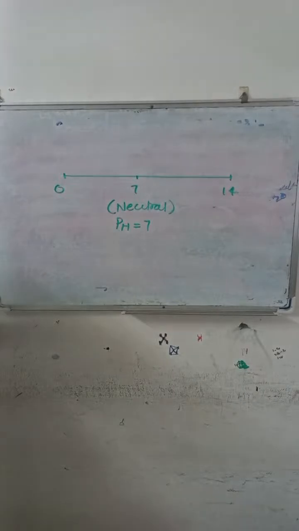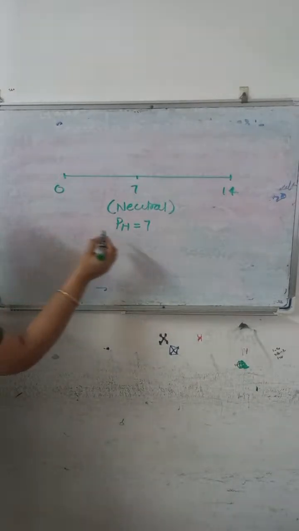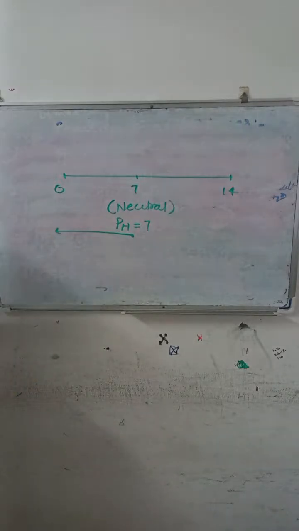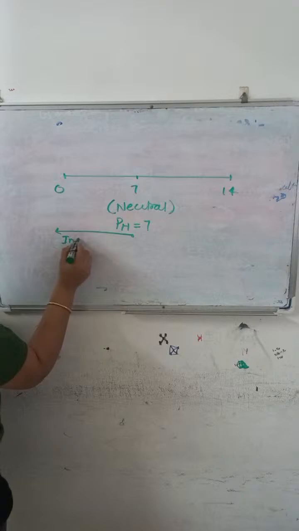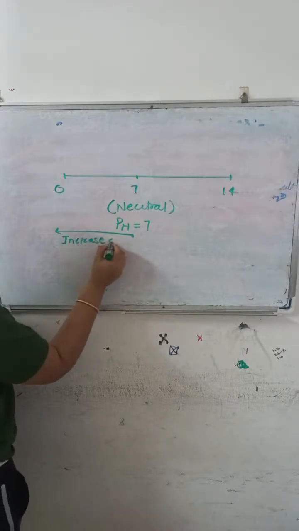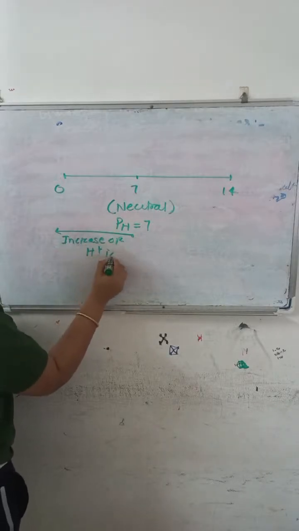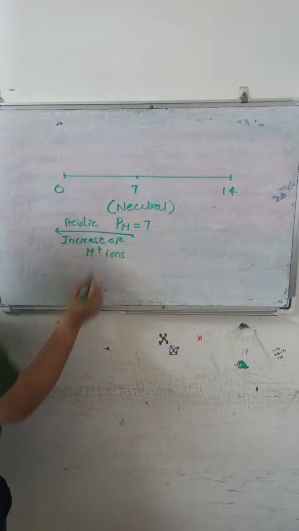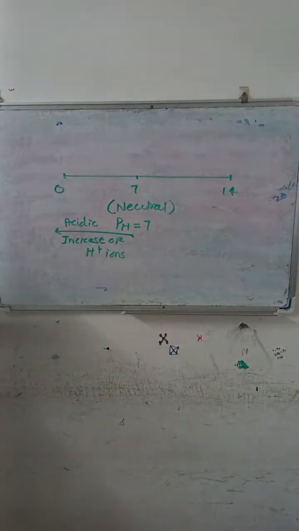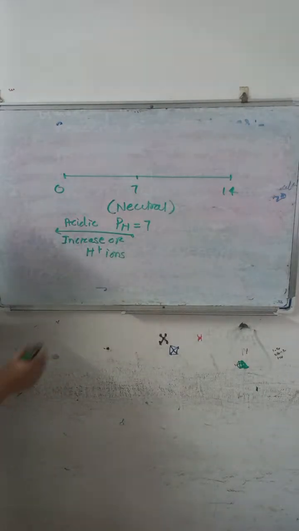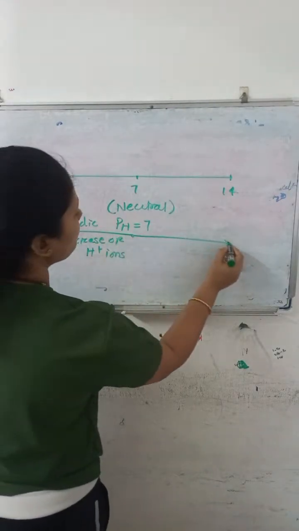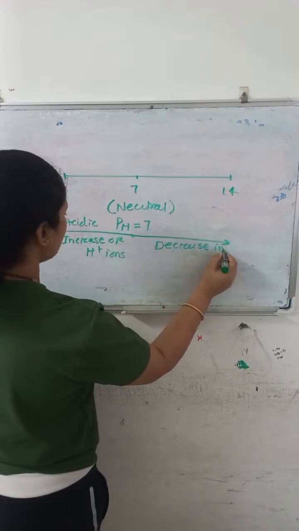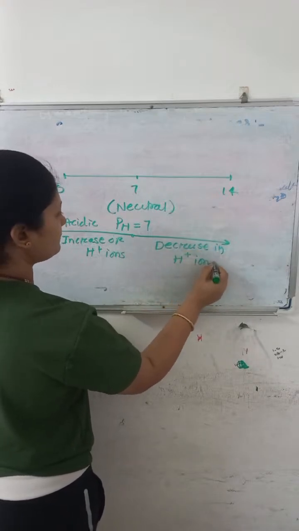7. Okay, so as we are going from 7 to 0, there is an increase of H plus ions, that means it is more acidic. And if it is going from 7 to 14, there is a decrease in H plus ions.